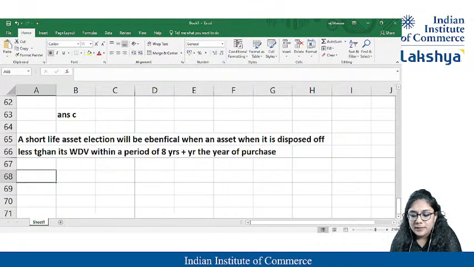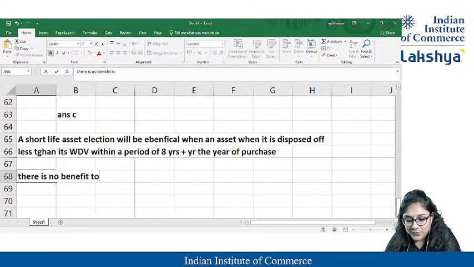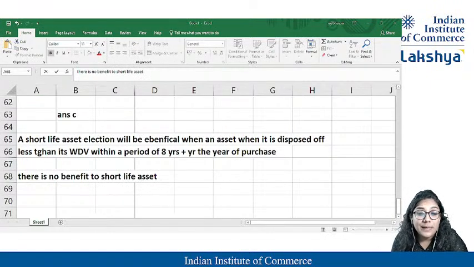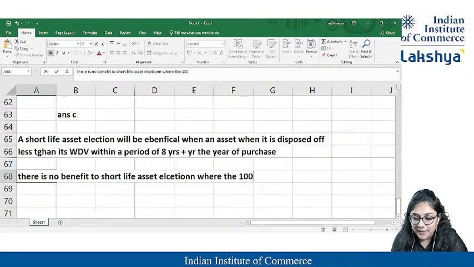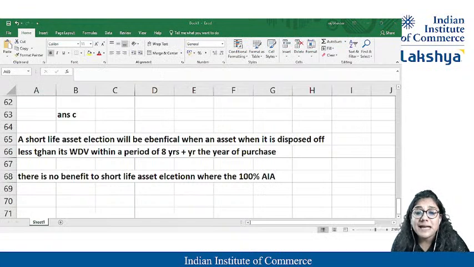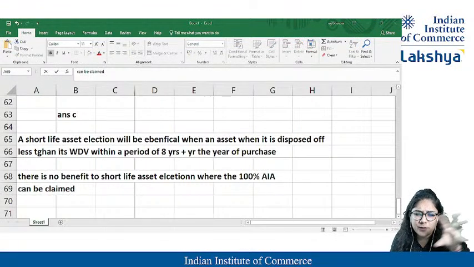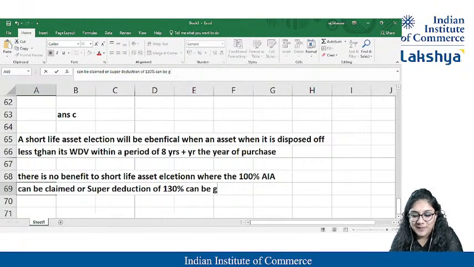So over here, there is no benefit to a short life asset election, where the 100% annual investment allowance can be claimed in respect of the asset, or if I want super deduction, 130% can be got. I hope you guys are getting the things.